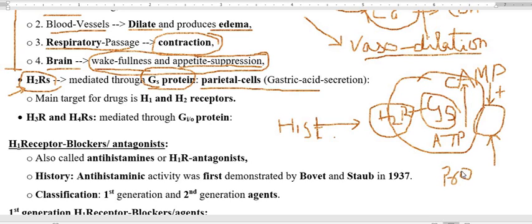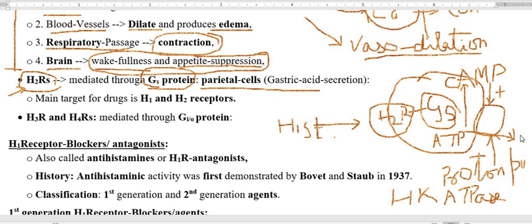Proton pump is nothing but an enzyme. We call it hydrogen ion, potassium ion, ATPase enzyme. Because of the activation of this enzyme with cyclic AMP, when this pump is activated, it is going to take the intracellular hydrogen ion out to the outside.